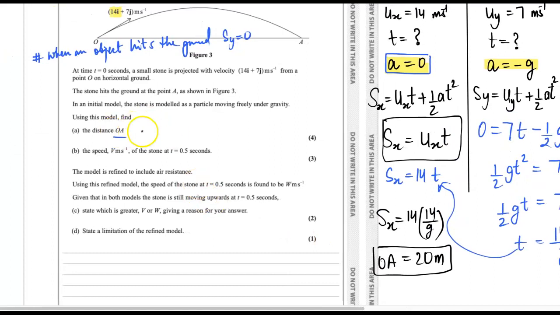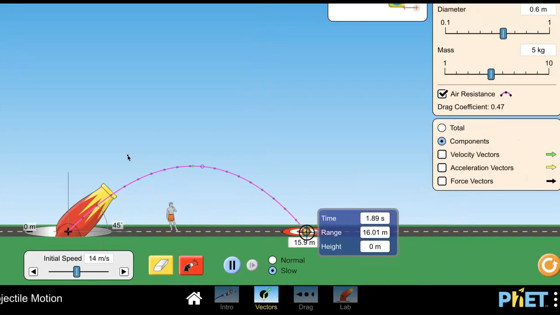Now for the B part, find the speed of the stone for t equals 0.5 seconds. For 0.5 seconds, we have to find the speed. I just want to show you the same projectile again.